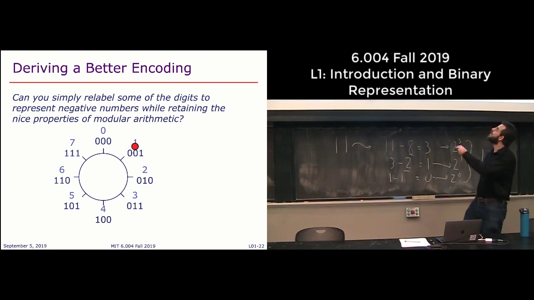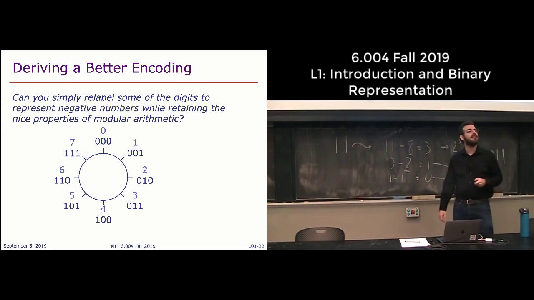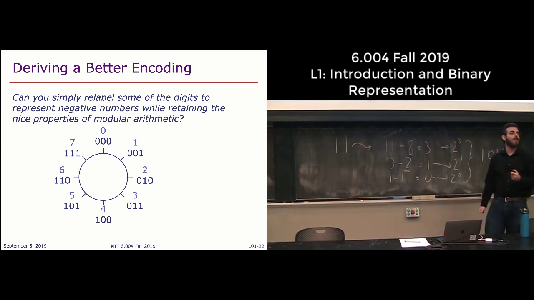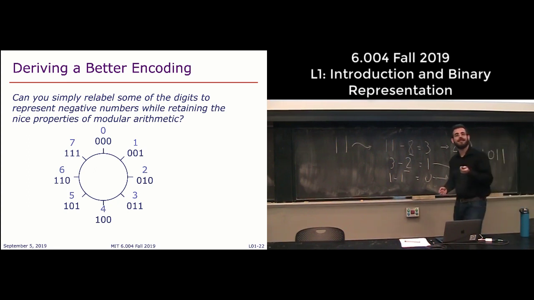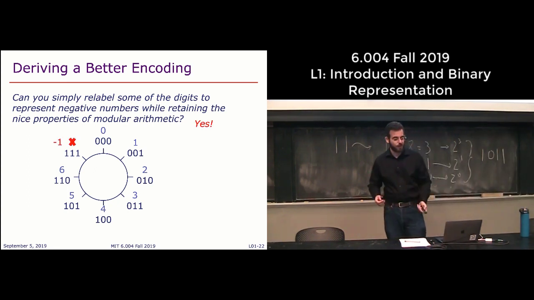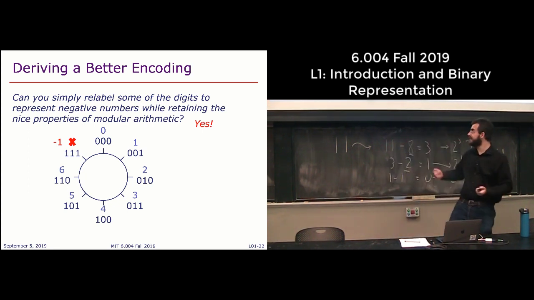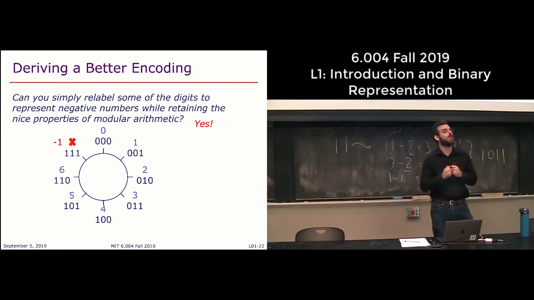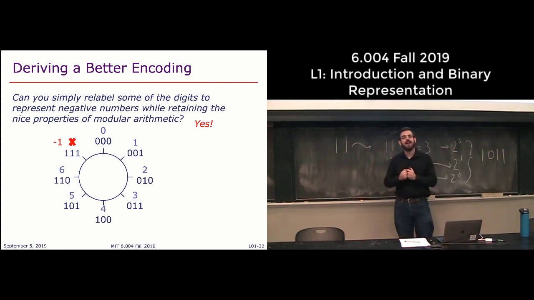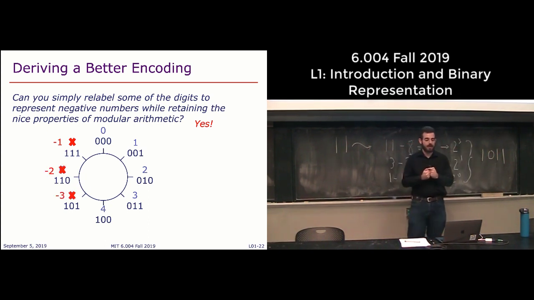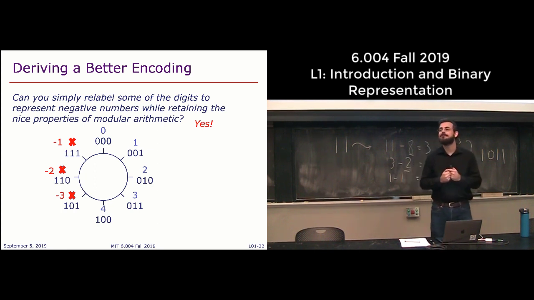And in particular, if we do 0 and we subtract 1 from 0, what number would we like to get? -1, right? Okay, what did we say subtraction was? Going counterclockwise, right? So if we change 7 to -1, that works, right? This still has all the properties of modular arithmetic. And then the question is, well, we can keep relabeling, and where do we stop?